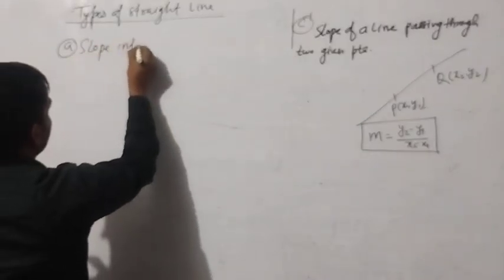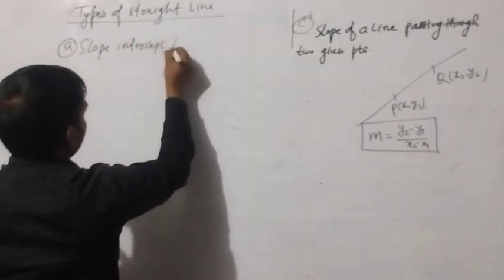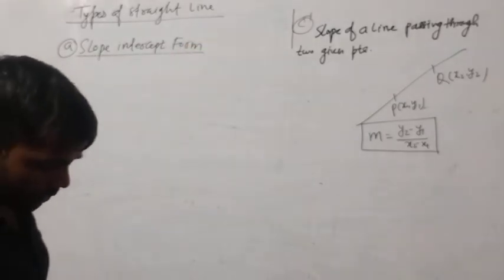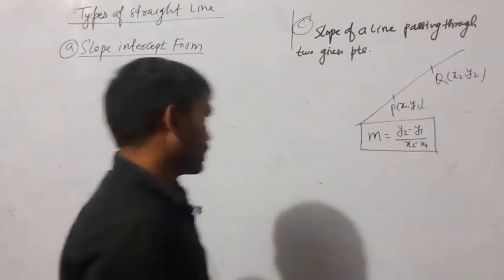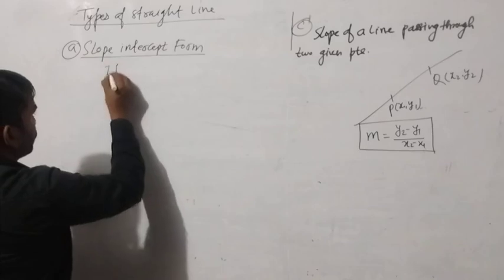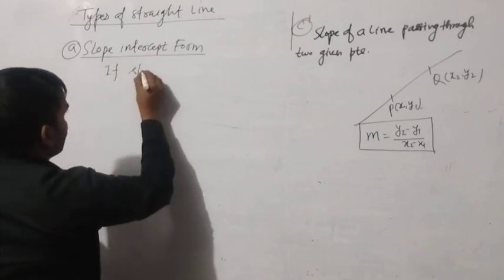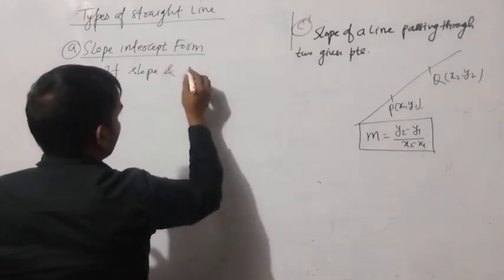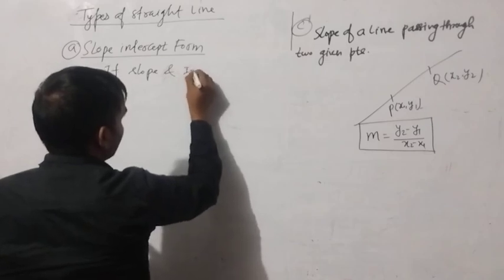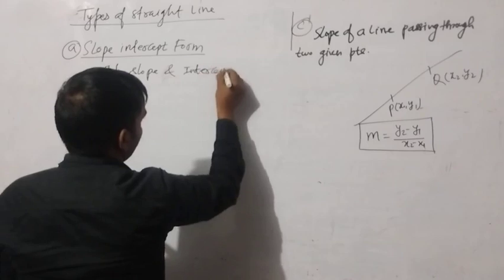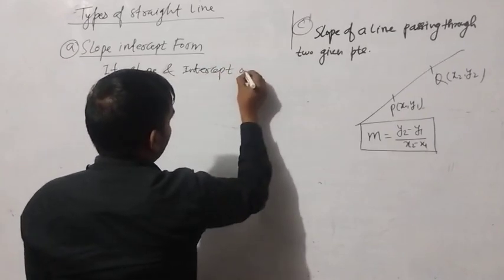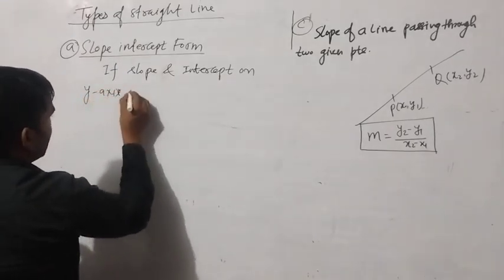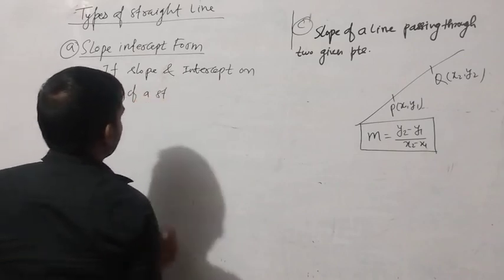Slope intercept form. Okay. So what is the slope intercept form? We can simply discuss. So if slope and intercept on y-axis of a straight line.